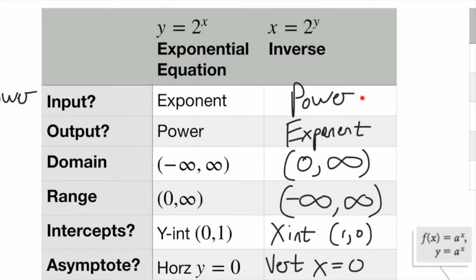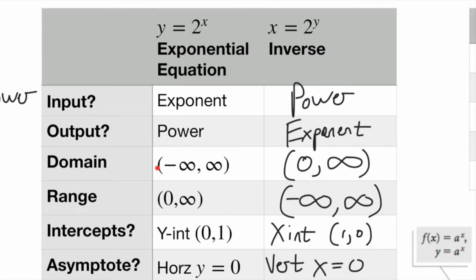The input would be a power and the output would be an exponent. And if you think about it, it's kind of strange. What kind of function would need to take in a power and produce an exponent? Anytime you're wondering what the exponent is, you're going to have to use the inverse exponential equation.